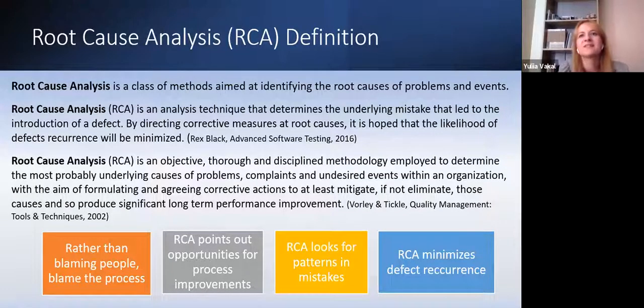What is it about the way we work that allows this mistake to happen? How can we change the way we work so it's harder for something to go wrong? Most of the time, it has to do with skills, knowledge, or the way the work is done, with the process, not the person itself. So it means that something could be wrong in your process, in your organization.